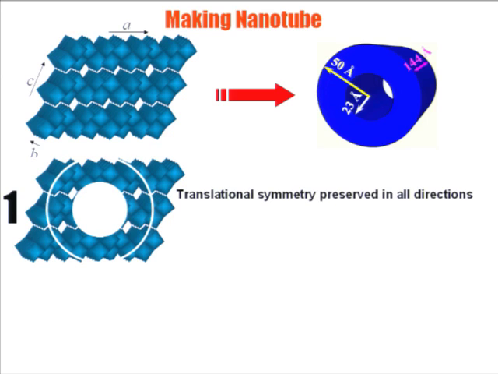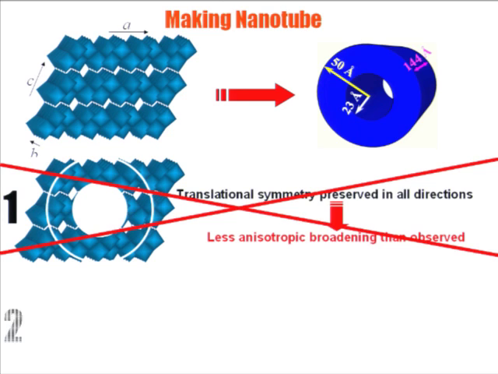One thing, we can just take the bulk structure, cut out a cylinder first of this outer radius, and then drill a hole. Unfortunately, it's not a good approximation, since we have more symmetry than we bargained for, because the anisotropic broadening in this case will be much less severe, since we have a perfect translational symmetry across the hole. So this model is not good enough.